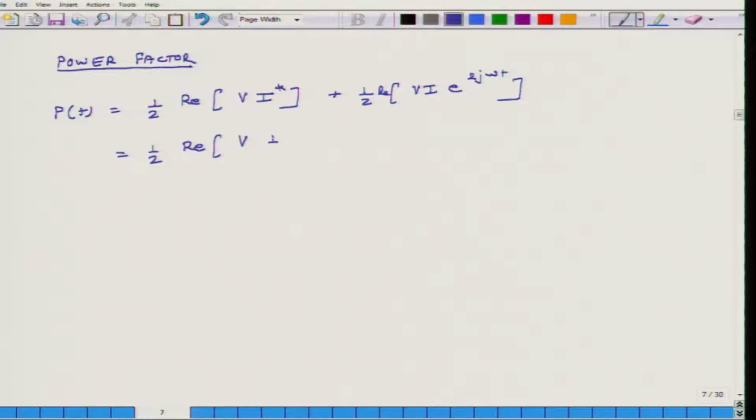So, it is going to be V star divided by Z star, and then of course, I have the additional term. Now, V V star is what?